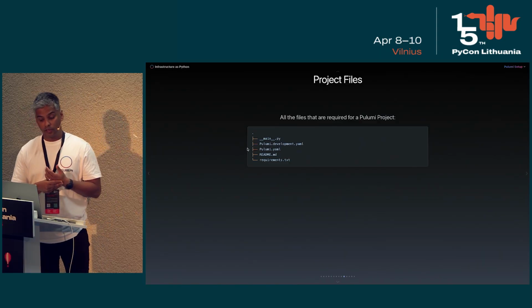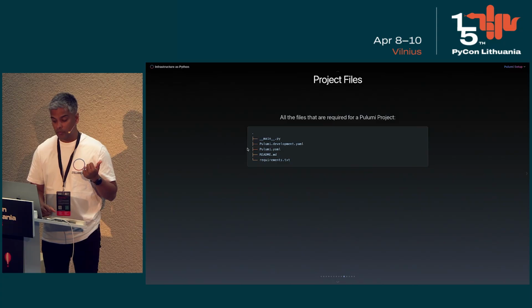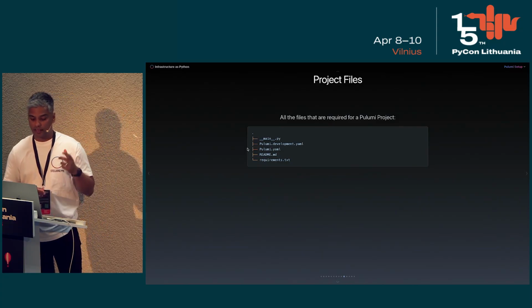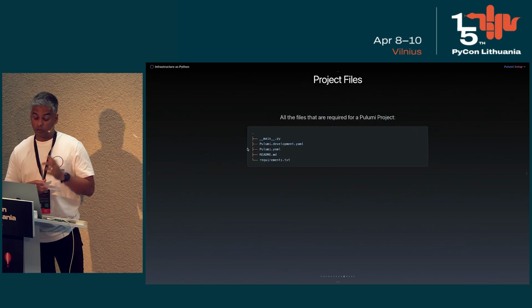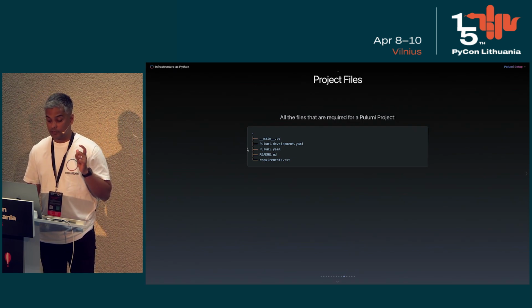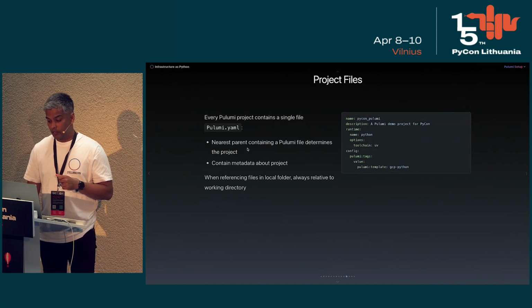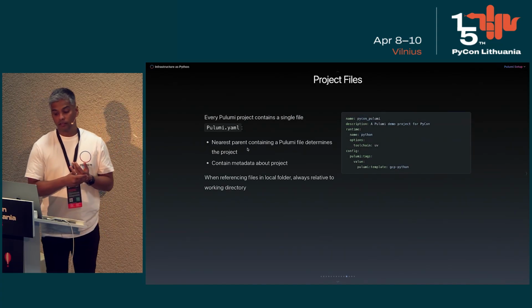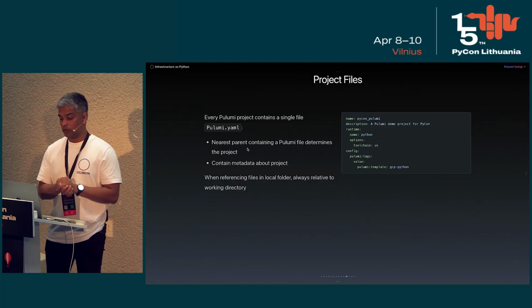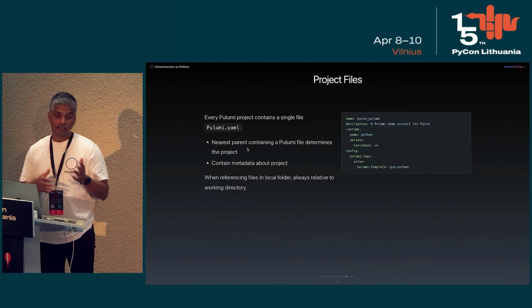So you start with a pulumi.yaml file, which is a project file, then a pulumi.development.yaml, so that is the environment file or stack file, and then your main.py, which is the entry point into your Python project. Project files contain the configuration for all of your Pulumi project, and it contains metadata.